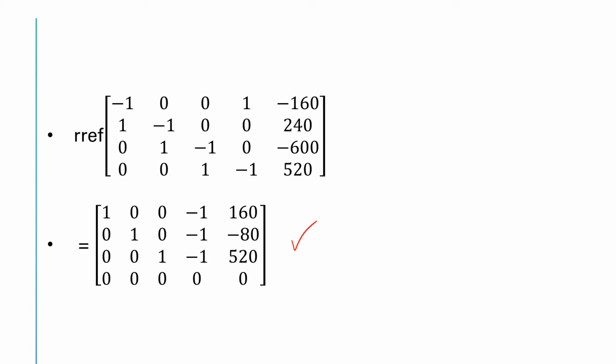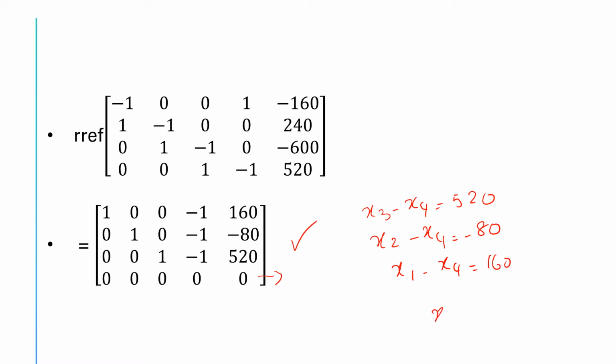So the last equation is trivially true, and from the preceding ones, x3 minus x4 equals 520, x2 minus x4 equals negative 80, and x1 minus x4 equals 160.